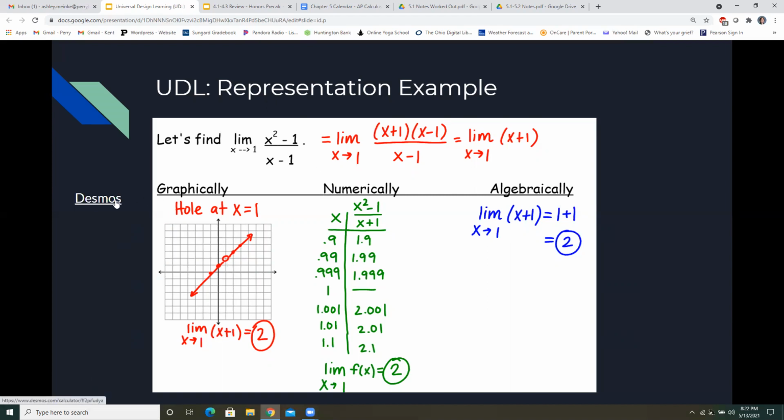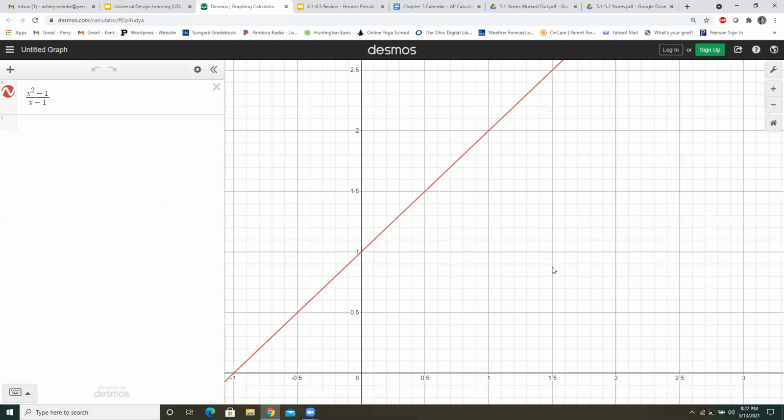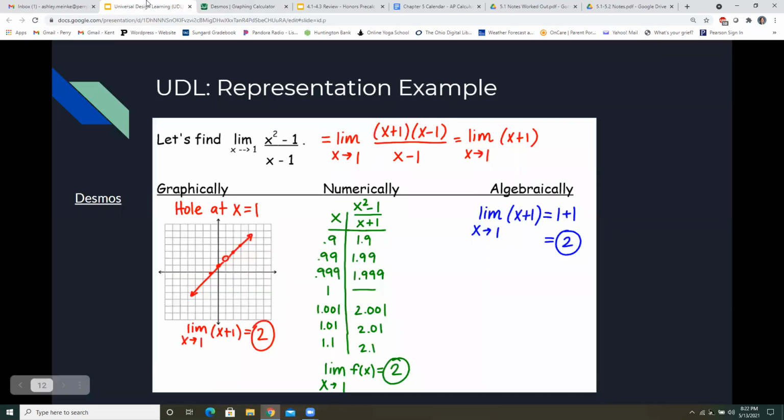And if you're teaching virtually, or even if not, you could have a link to Desmos to show this graphically. So you can see here, we have that hole at (1, 2), but the limit is still, of course, equal to 2. Another way to represent that would be numerically through a table, or algebraically through direct substitution, subbing that in to get the value. So that's a nice example where multiple representations can be used.